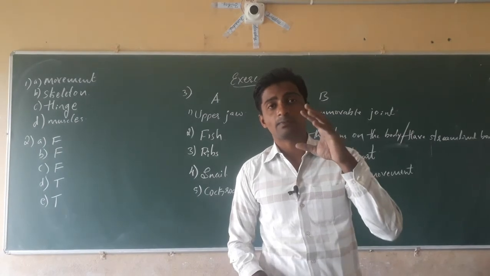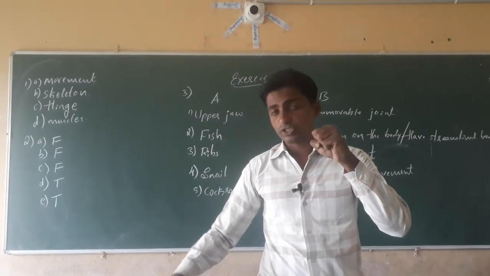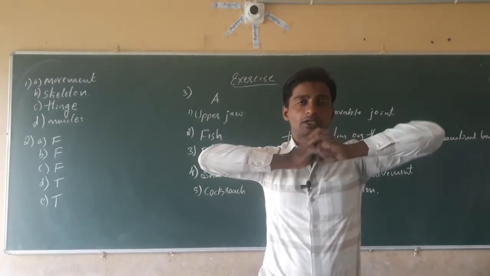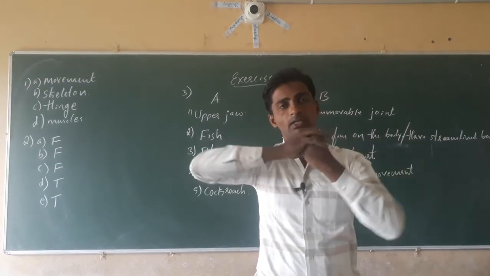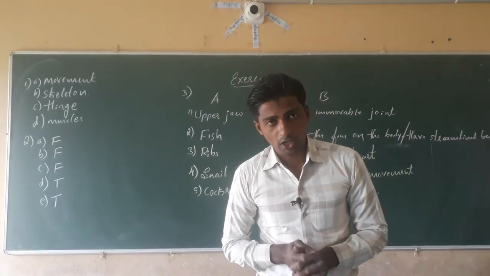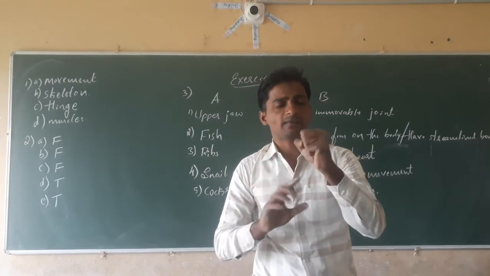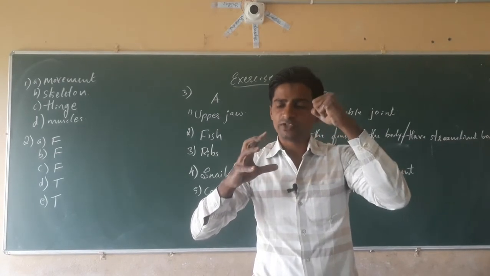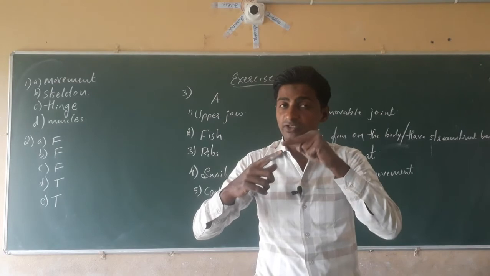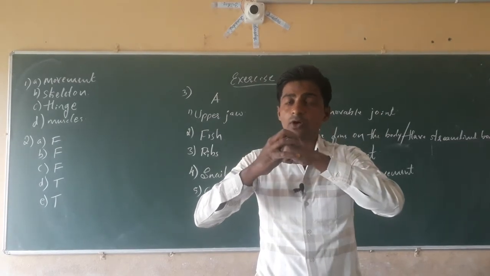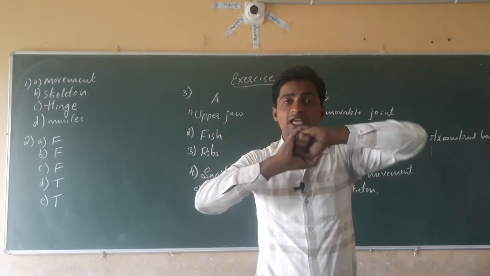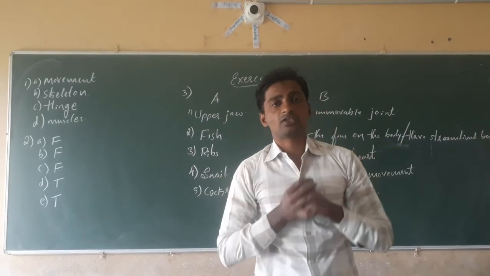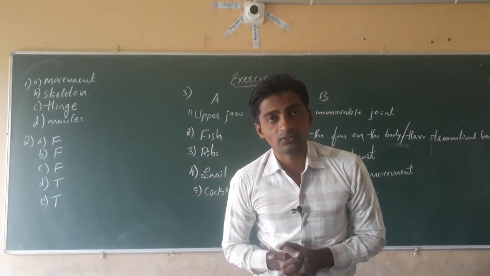The one end of one bone is a ball shape which is fixed in a socket end of another bone that helps in rotating in all the directions. That joint is called as the ball and socket joint.